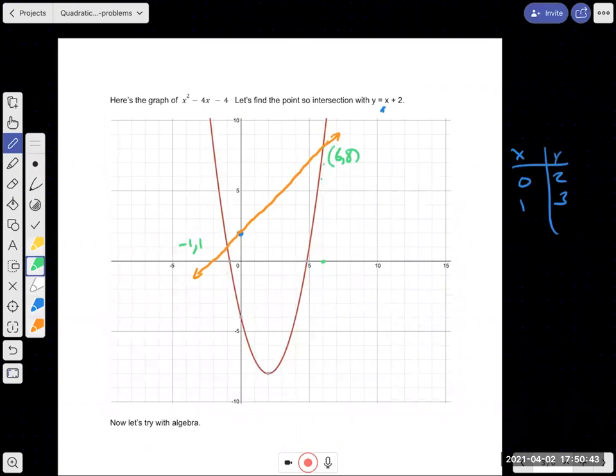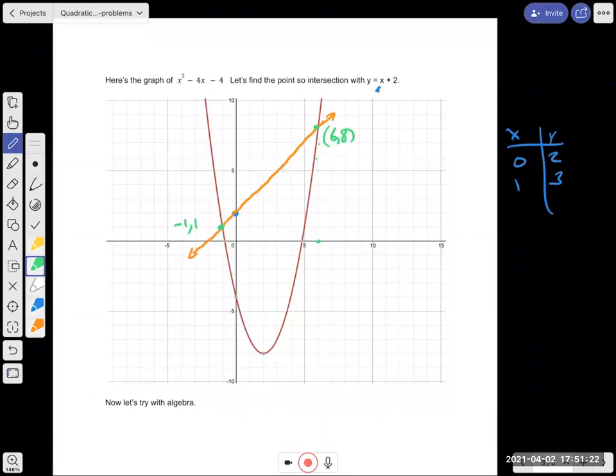So we could say minus 1 squared is 1. Oh, sorry. So it's 1, minus 4 times minus 1, okay, is plus 4. So we get 1 plus 4, 5 minus 4 is 1. Okay, so that point checks out. And then 6 and 8, so I'll have 36 minus 24 is 12, minus 4 is 8. So that point checks out.